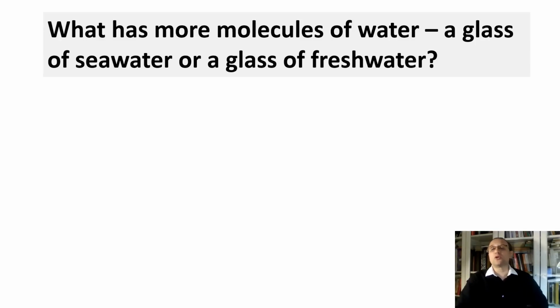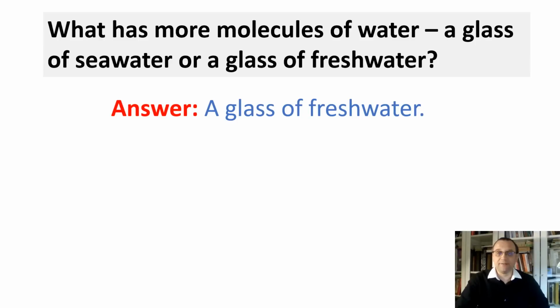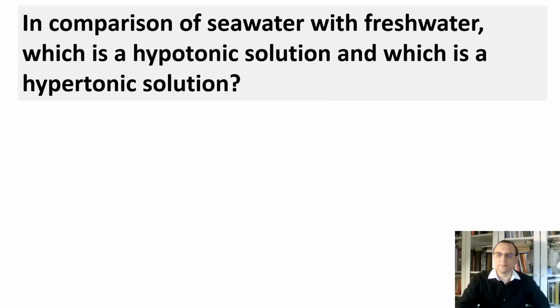What has more molecules of water, a glass of seawater or a glass of fresh water? The answer is a glass of fresh water. This is because the ions and minerals of the seawater displace the molecules of water. In comparison of seawater with fresh water, which is a hypotonic solution and which is a hypertonic solution?